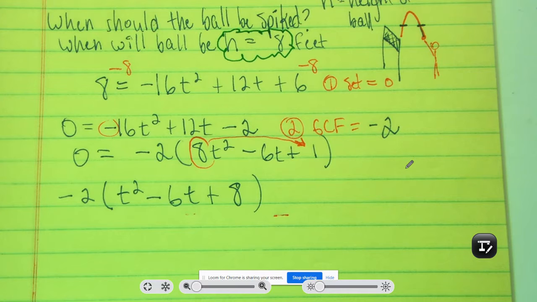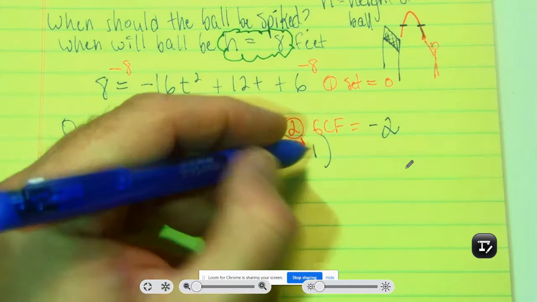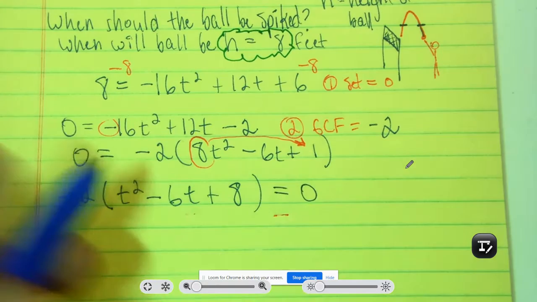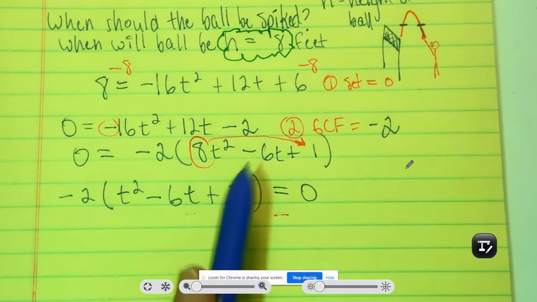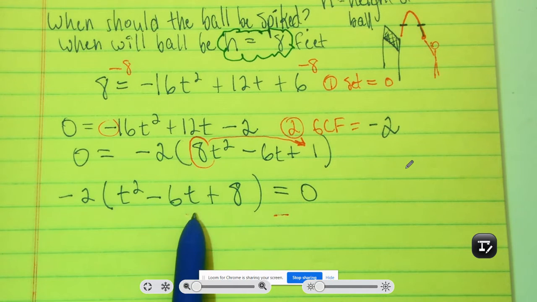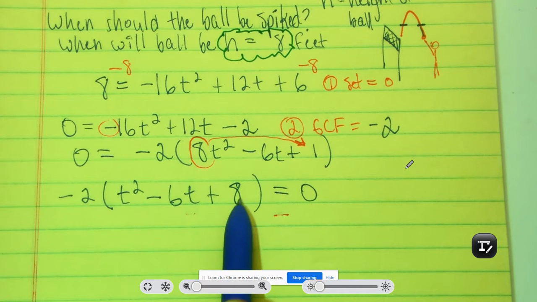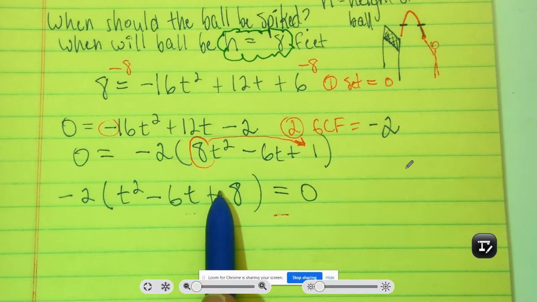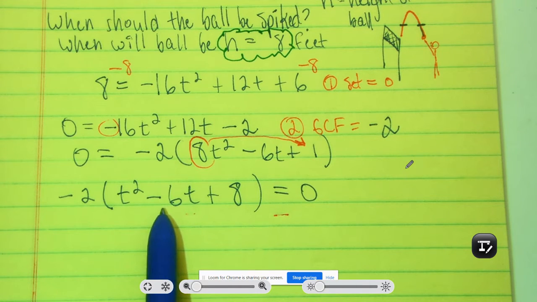So remember what I need to do to factor this. We'll look at 8, and I want to know what factors will multiply to be 8, but will add together to be a -6. Now, in order to multiply and get a positive number, but add those two factors and get a negative answer, both of them have to be negative.